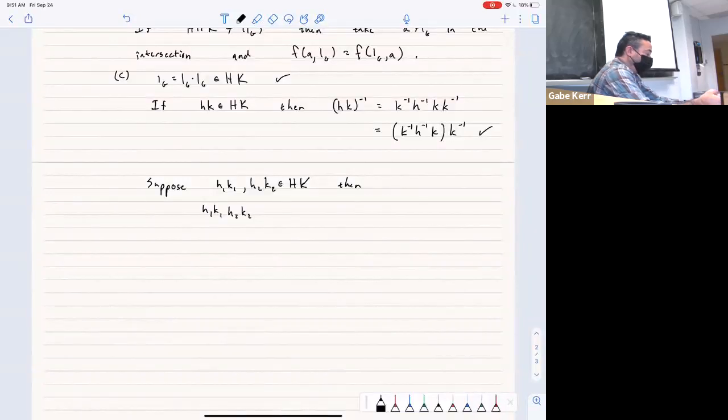And again, you want to use this trick, which is that you need to do nothing right in the middle here. I just put a K1 inverse K1 in right in the middle here. This is the identity, but now I'll just put some parentheses around things.